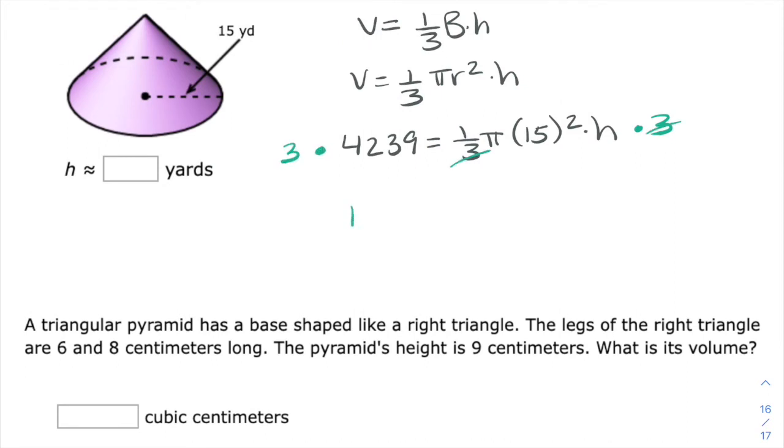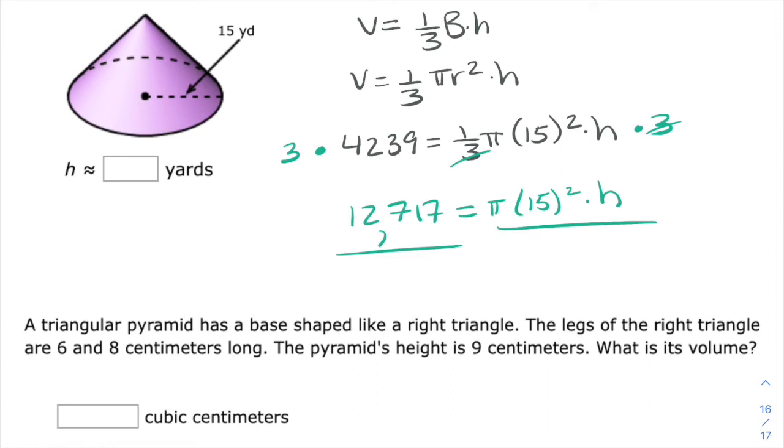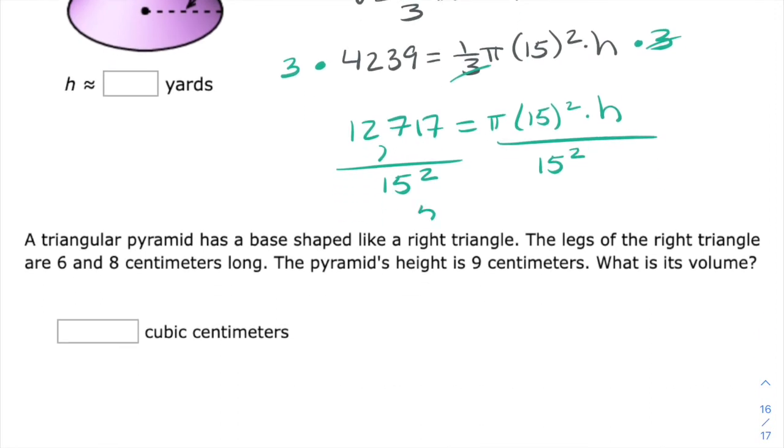And we get 12717 equals pi times 15 squared times h. Divide both sides by 15 squared, which is 225. I'll divide by 225, and I get 56.52.